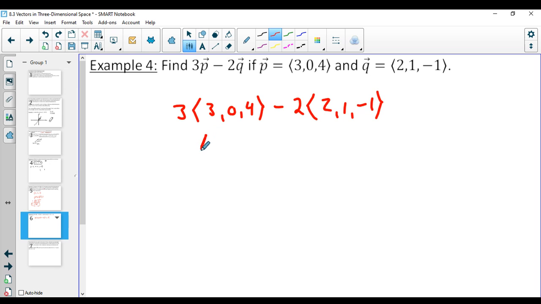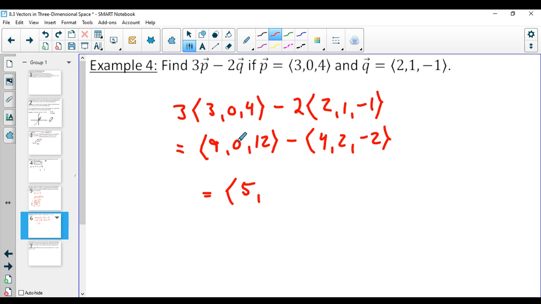So then we get 9, 0, 12 minus 4, 2, -2. 9 minus 4 is 5. 0 minus 2 is -2. 12 minus -2 is going to be 14.